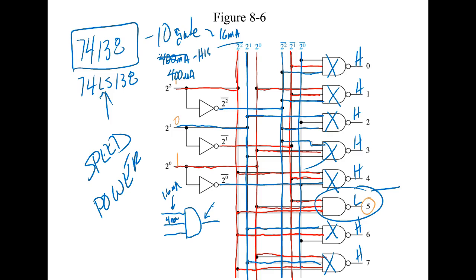So a 74138 could drive more than 10 LS things. Right? You understand? So it's of a like family. So when we say fan out, it would be like a 74LS something driving 74LS gates. Does that make sense?